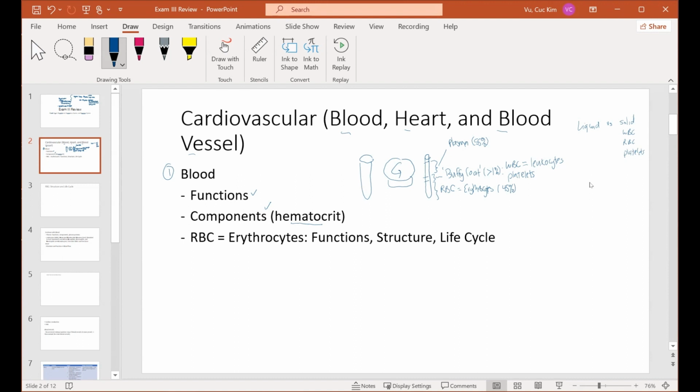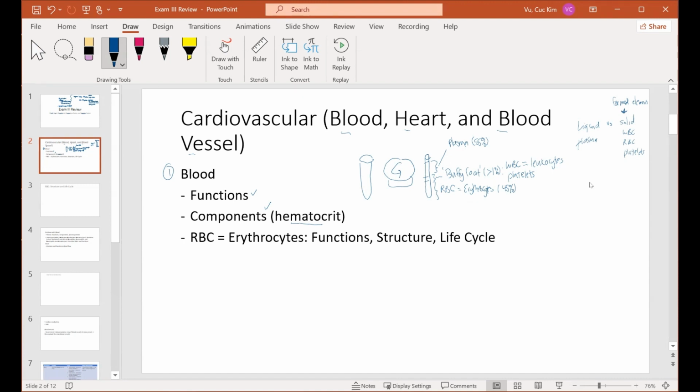And the liquid component of blood would be the plasma. Another name for solid, and you may see this term on the exam, is formed elements. They're considered formed elements. They have form, they have shape to them, versus liquid is more fluid.